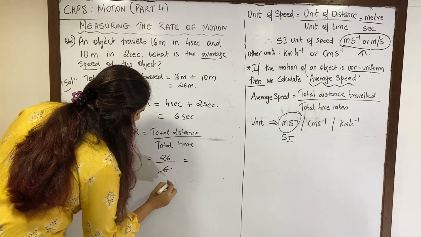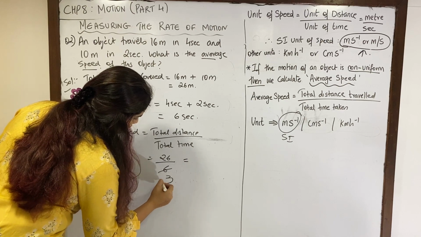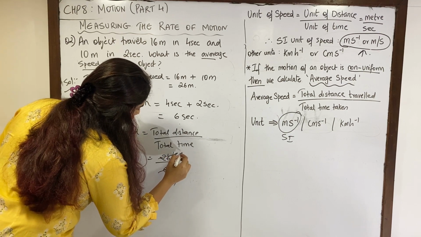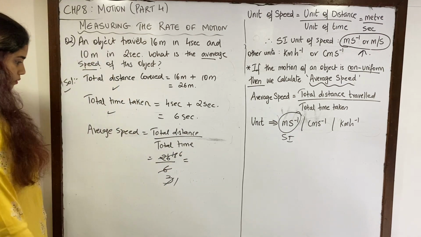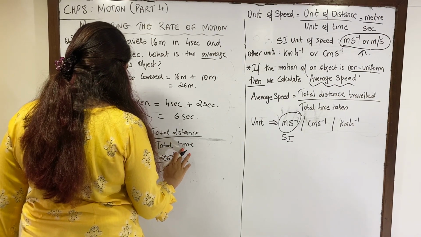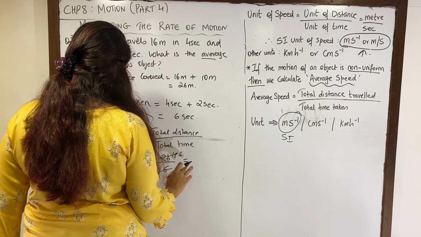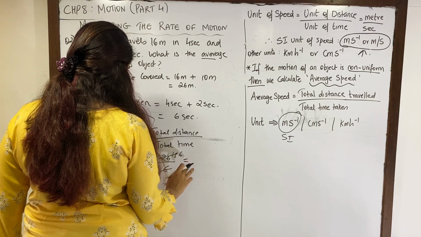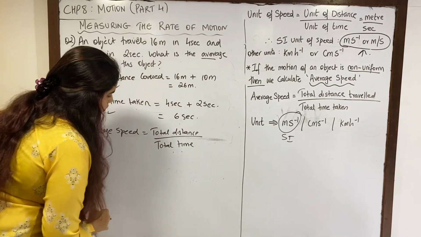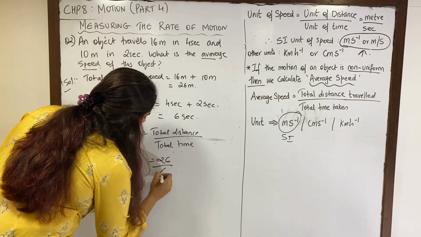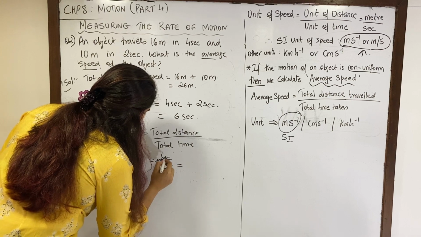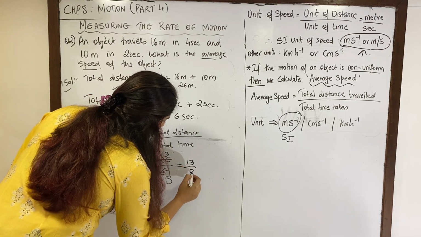So this is going to be what? No, I made a mistake here. This is 26 upon 6. So this is 2 3s are 6, 2 1s are 2, 2 3s are 6. So this is 13 upon 3.